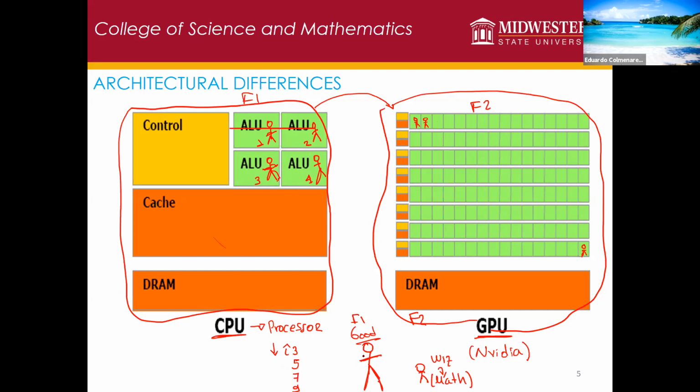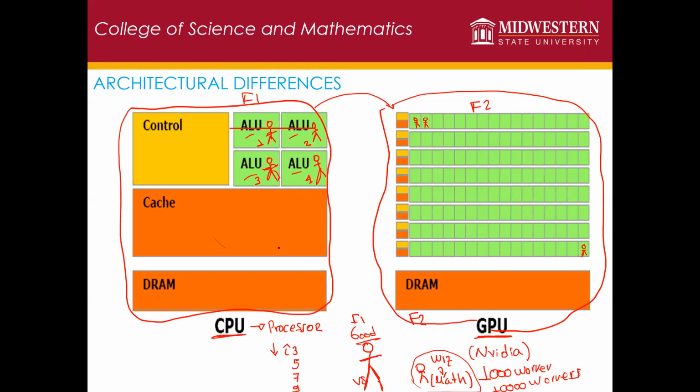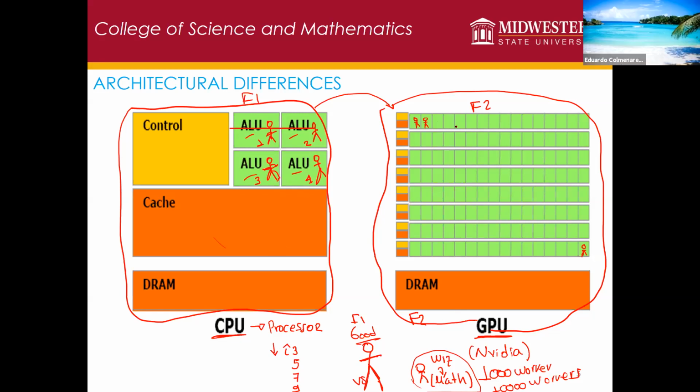But there are other tasks in which these tiny little guys, if they work together, and you have perhaps 1,000 or maybe 10,000 workers versus 1, 2, 3 workers, that's the big difference. So in factory 2, you are going to have a lot of workers.